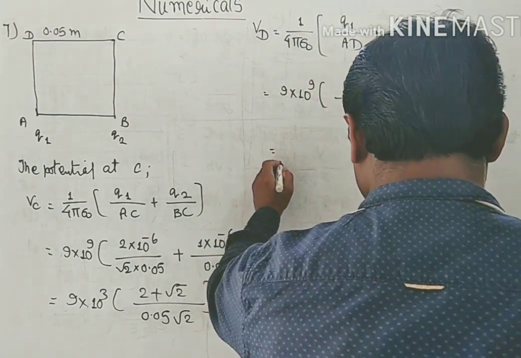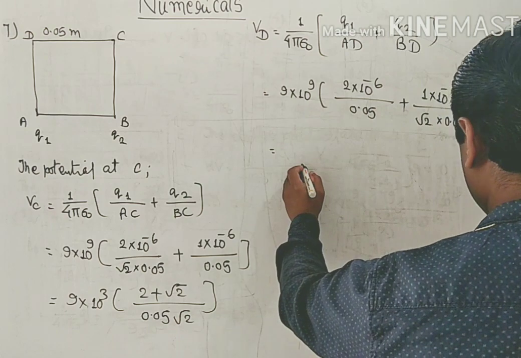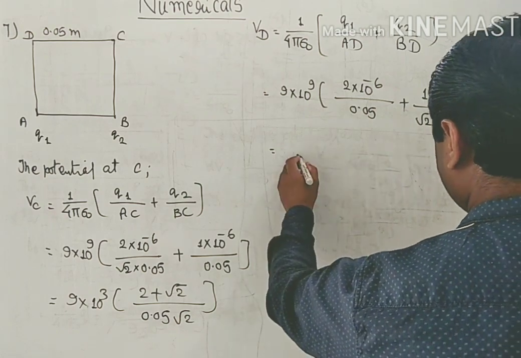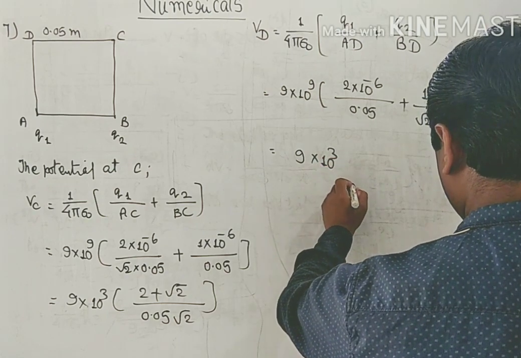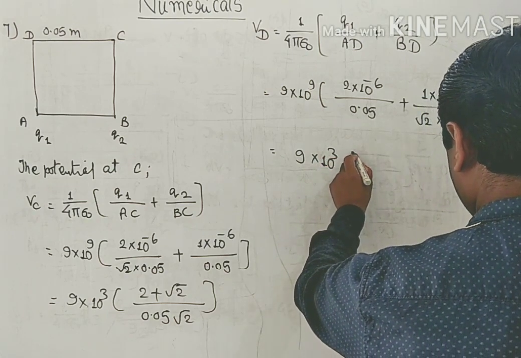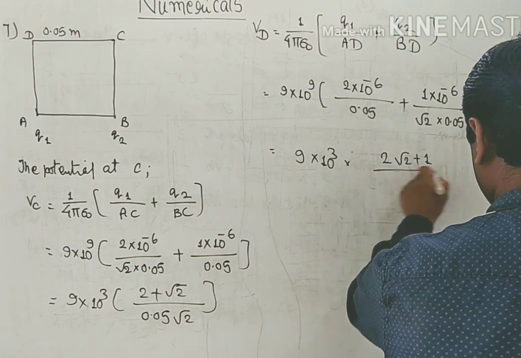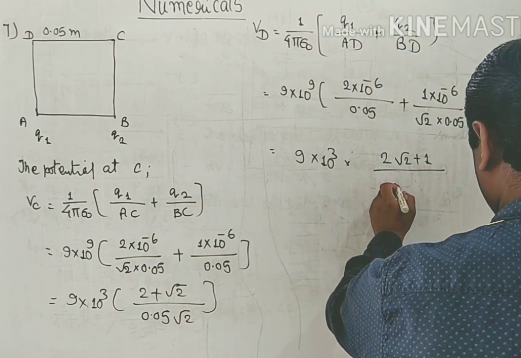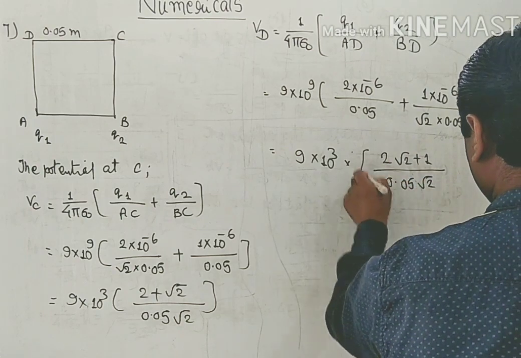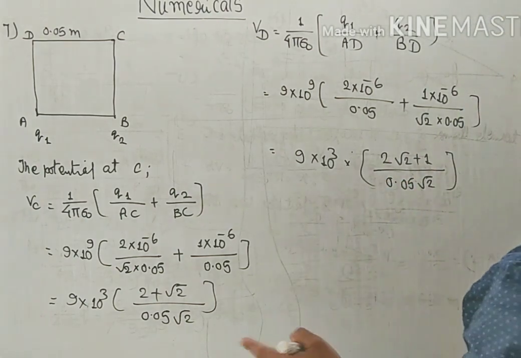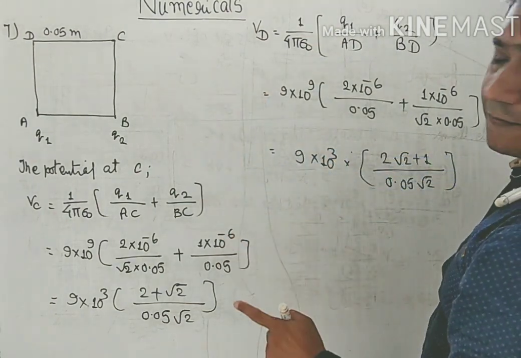So students, when you solve it, you'll get approximately 9 into 10 power 3, inside 2 root 2 plus 1 upon, the LCM would remain 0.05 under root 2. So this much will be the potential at D due to A and B.